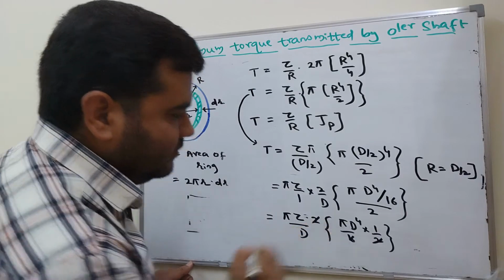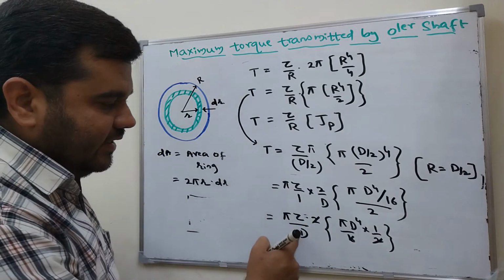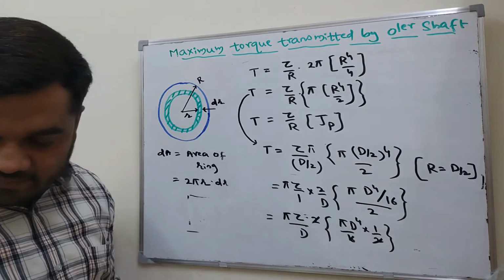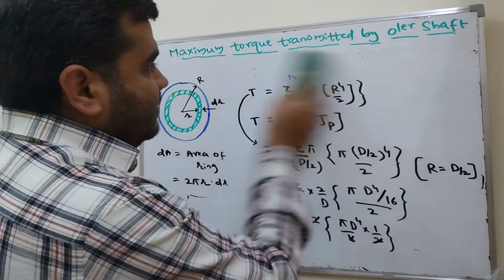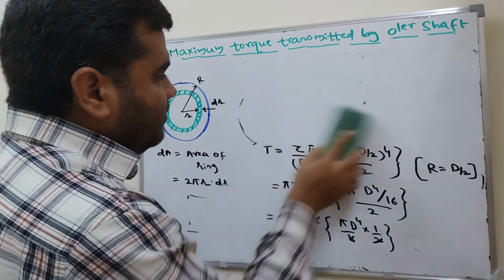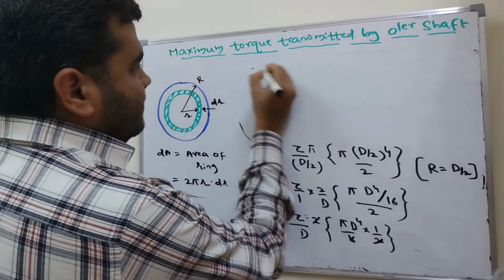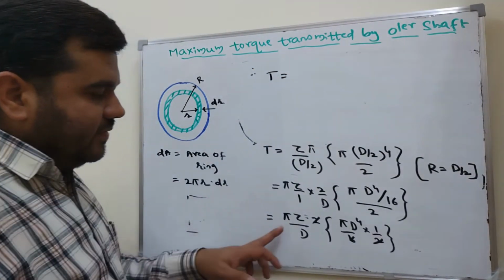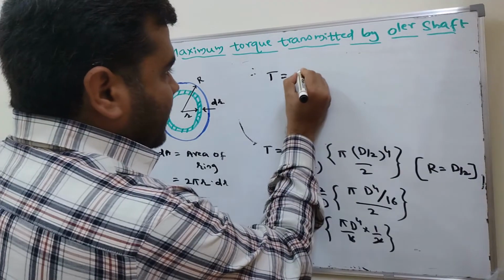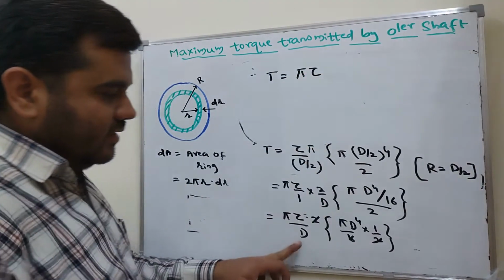These two will cancel, and d and d will cancel, and finally we will get the total torque developed, the maximum torque.